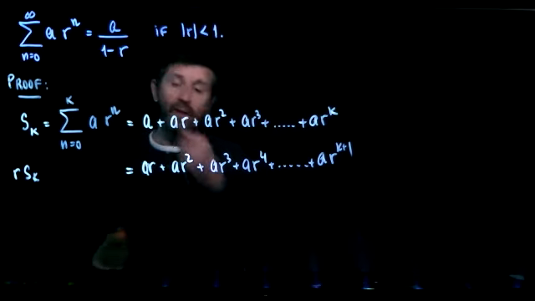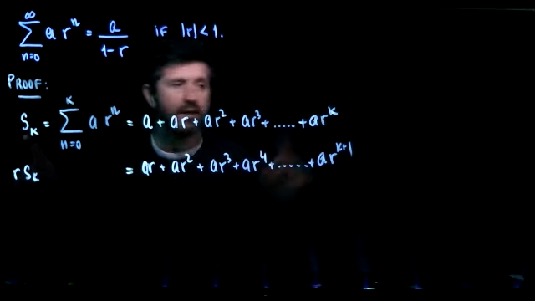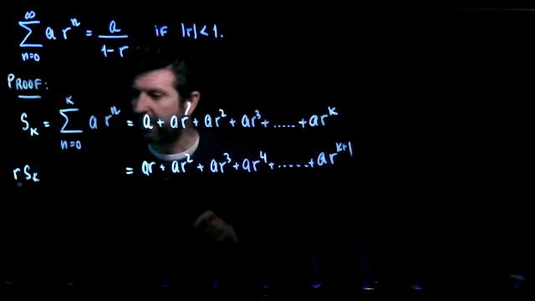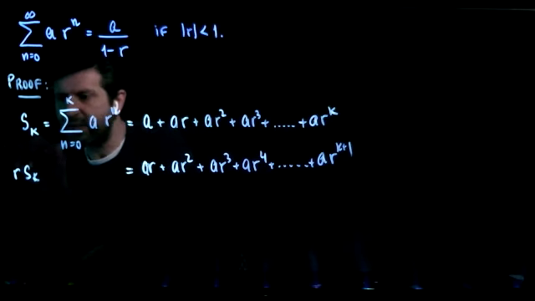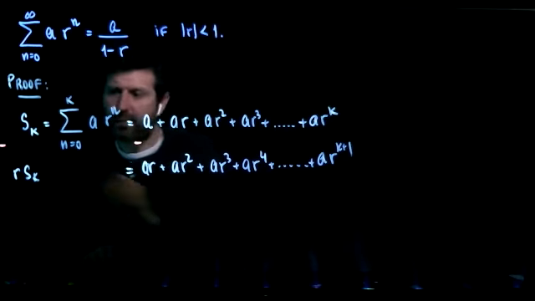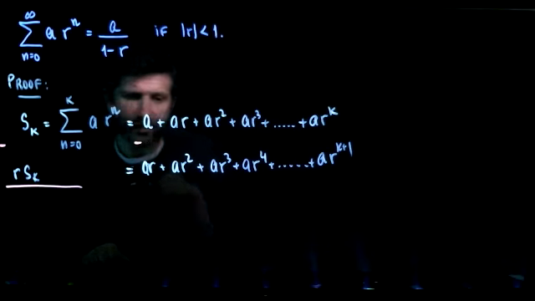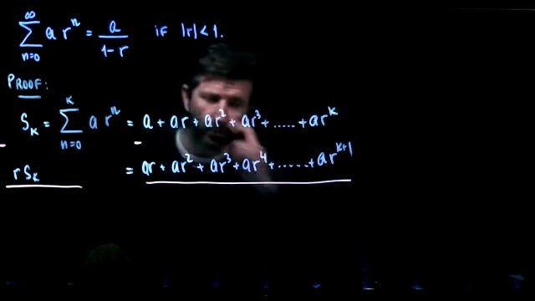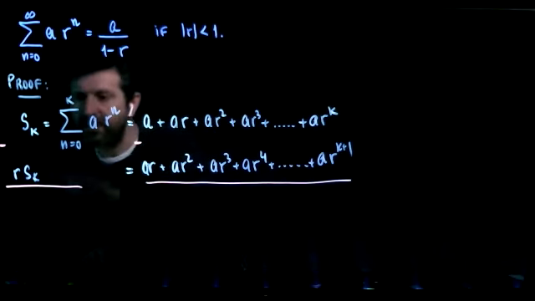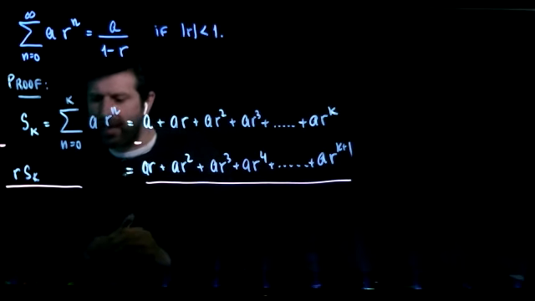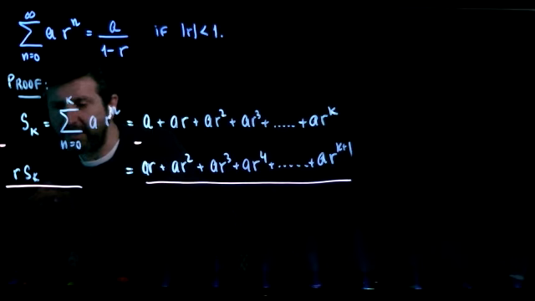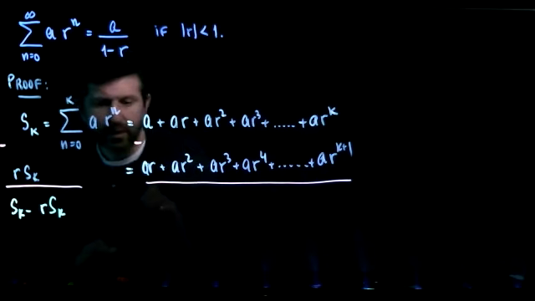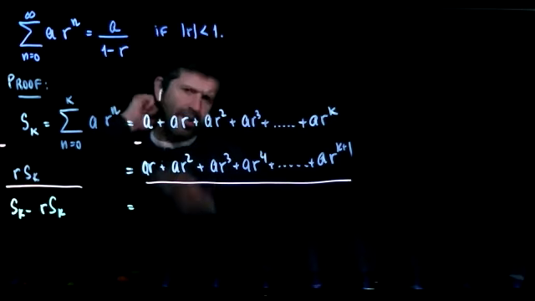Okay. At this point, I have s_k equals this, r times s_k equals that. If I subtract this side and I subtract this side, I'm still getting a valid equality. That's what I'm going to do. So I get s_k minus r s_k equals, and what do I get here?